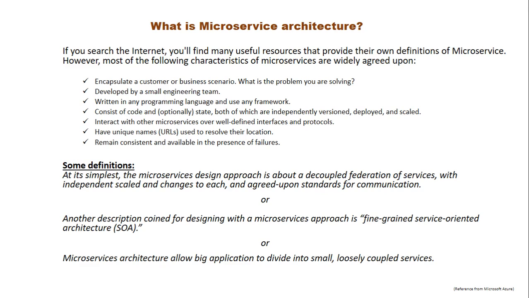What the microservice approach does is allow you to decompose all this functionality into small components which we call services. For example, catalog becomes one service, basket is another service, checkout is another service, payment is another service.